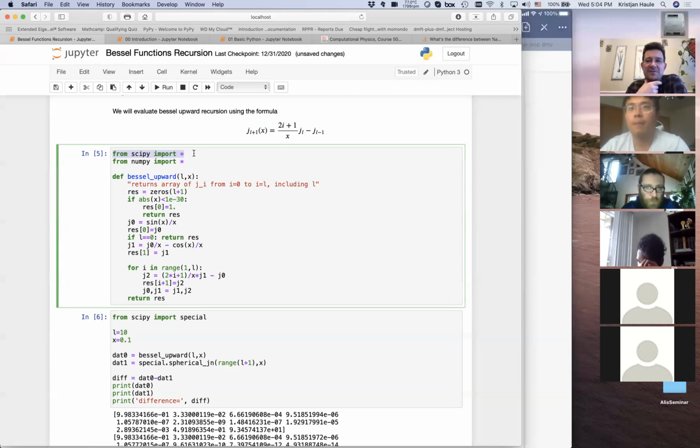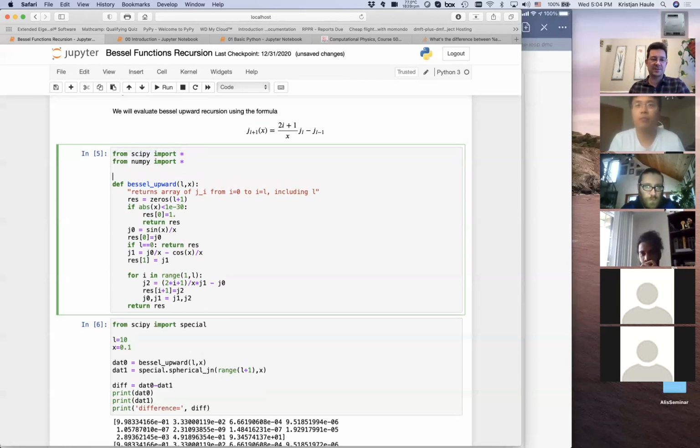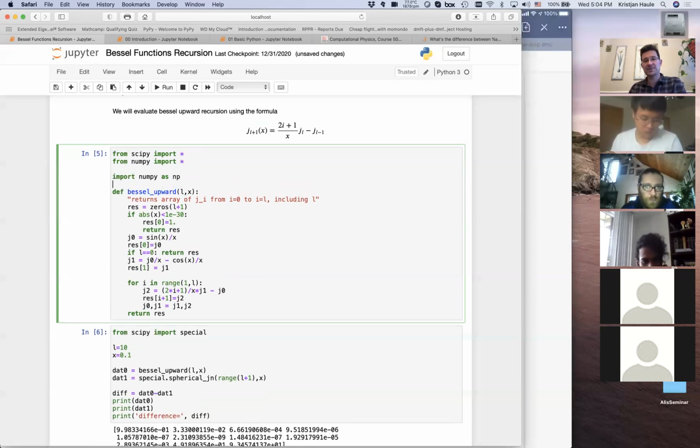But once you have lots of different modules, it is sometimes useful not to include it in this way. In many cases, people in the community do, for example, import numpy as np. This is much more standard. Import numpy as np means that any symbol that appears in numpy is called with np dot something.